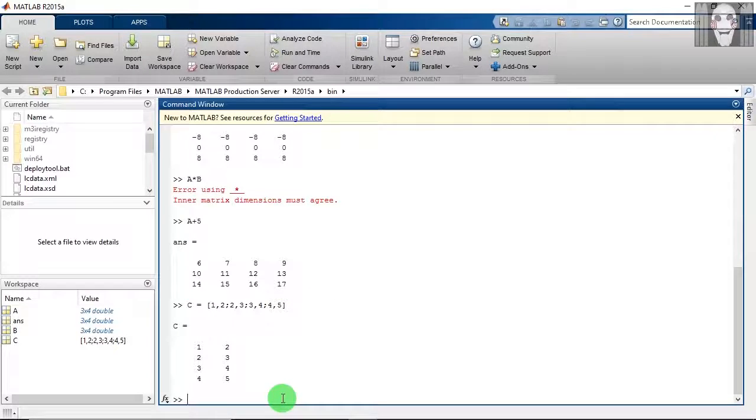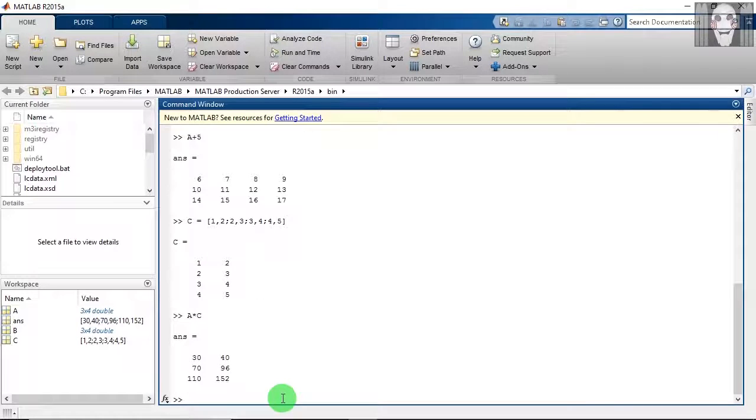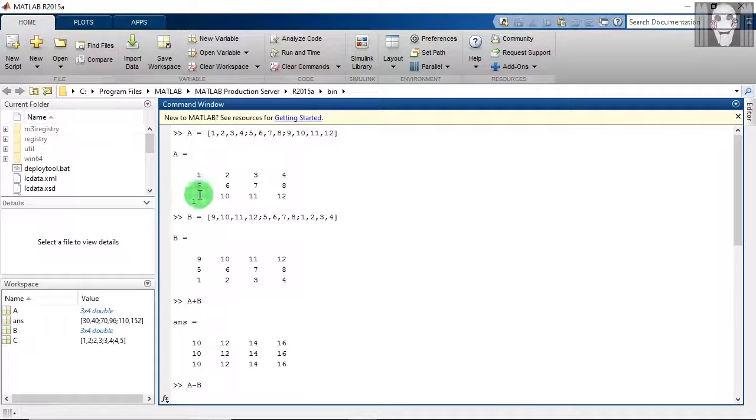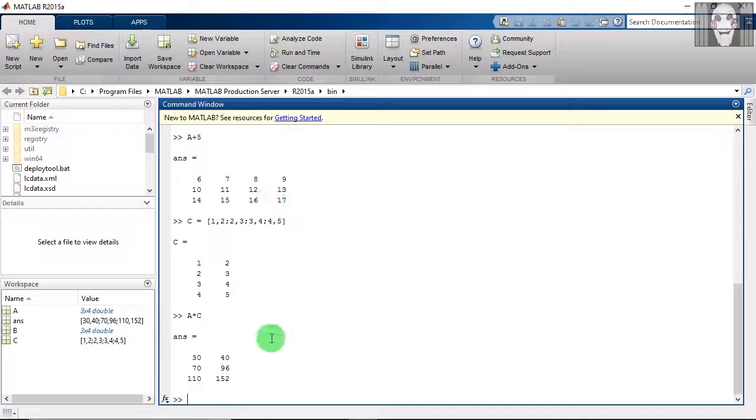Now I will multiply matrix A with matrix C. So this is the answer. There are 3 rows and 2 columns. Since matrix A has 3 rows and matrix C has 2 columns, the order of the output matrix is 3 cross 2.